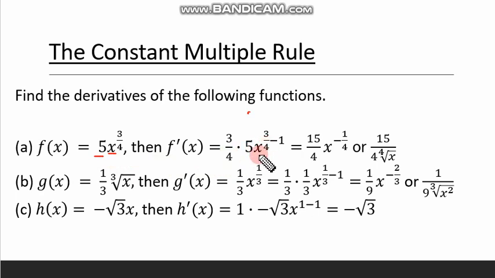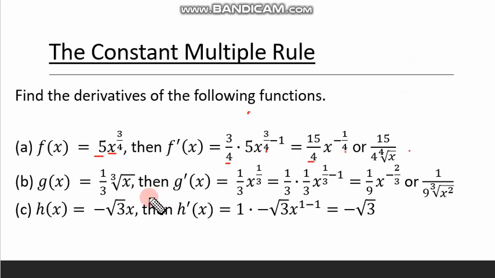According to the power rule, the 3/4 becomes the coefficient times the constant here, so 3/4 times 5, that's 15 over 4. And according to the power rule, we will subtract 1 from our exponent. So 3/4 minus 1, that's negative 1/4. So 15 over 4 x raised to negative 1/4 is the answer, or that's equivalent to 15 over 4 times the fourth root of x.